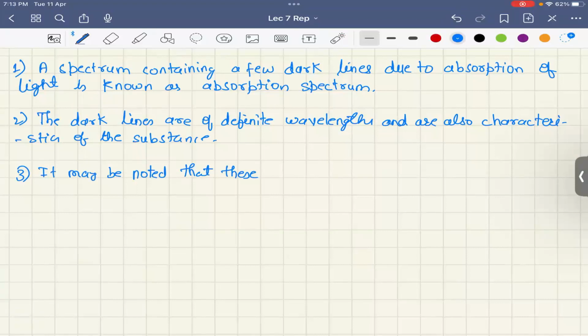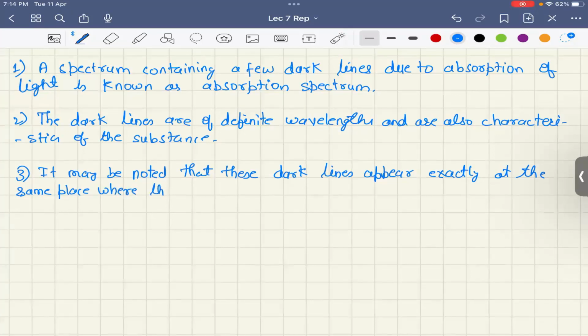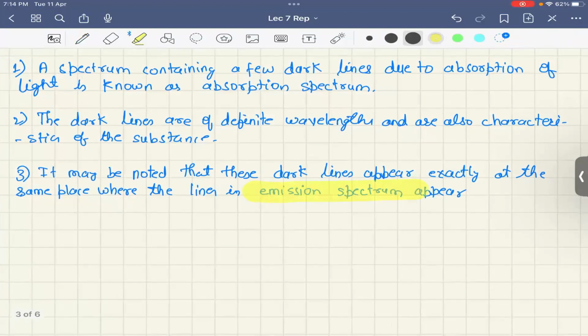Number 2, these dark lines appear exactly at the same place where the lines of emission spectra appear.